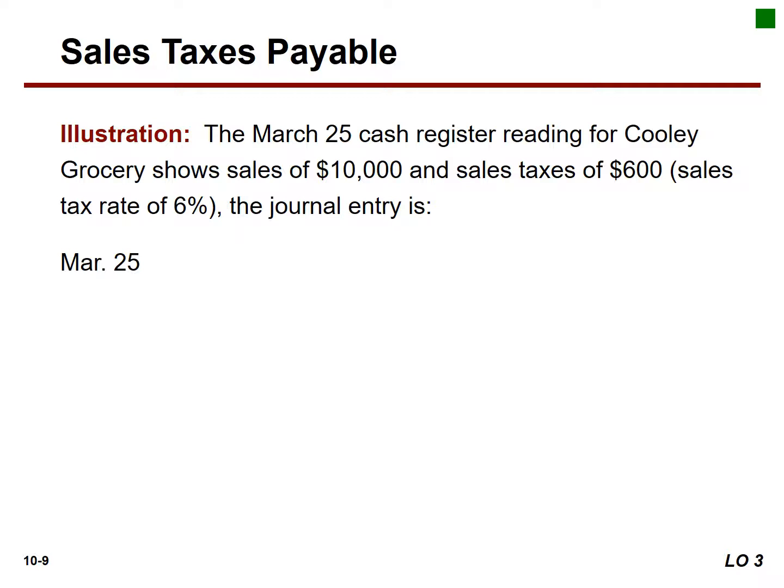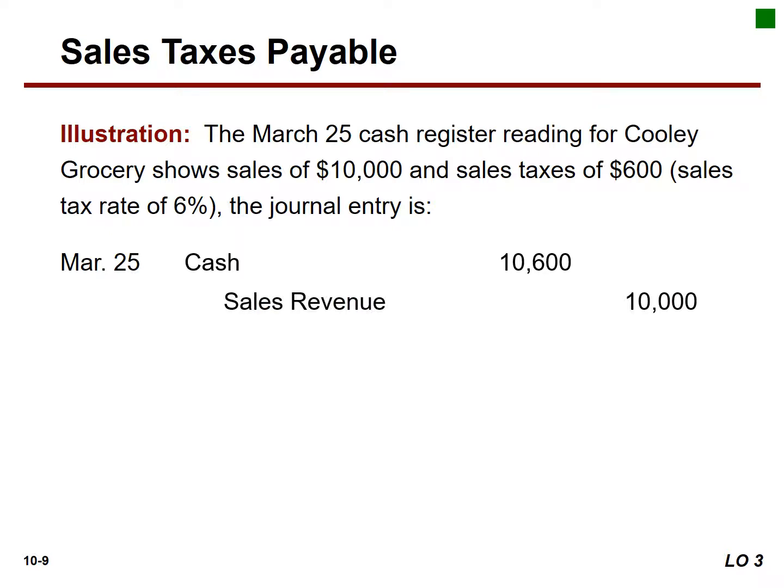All right, this retailer on this particular day had sales of $10,000 for which they'd collected sales tax of $600, a sales tax rate of 6%. This would be the journal entry the retailer would record. They're going to debit cash for the amount of cash that they received that day.